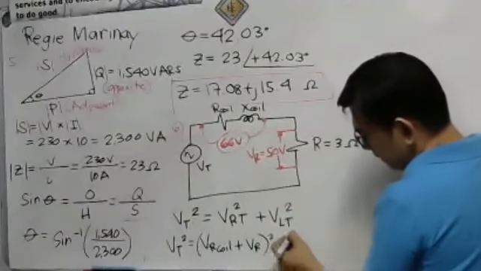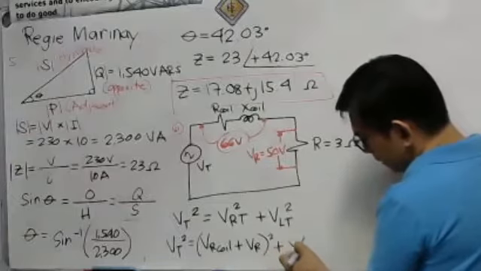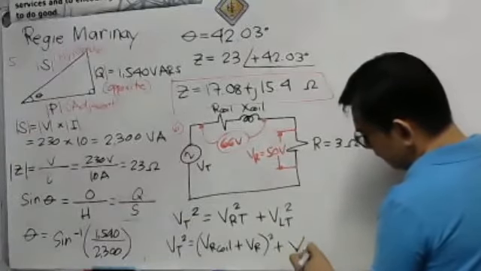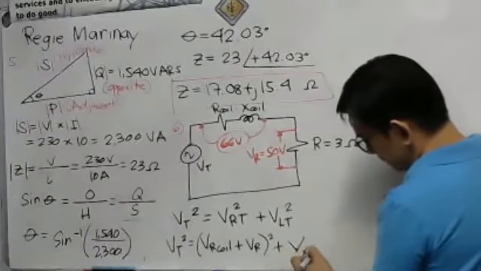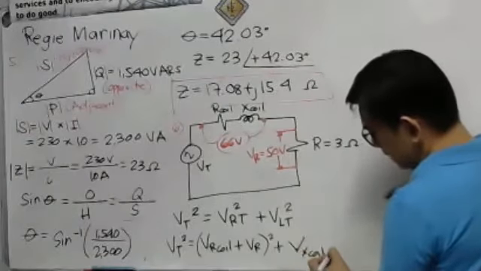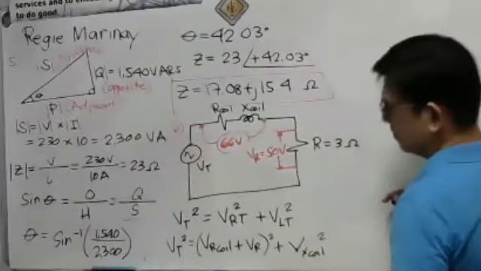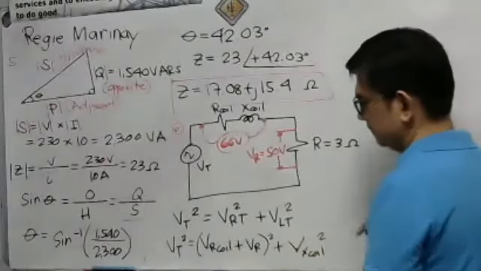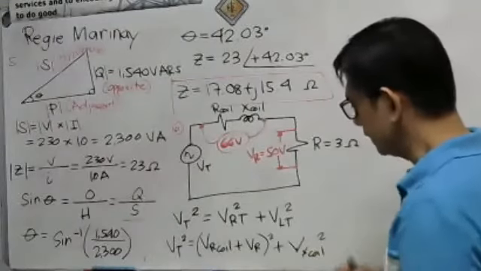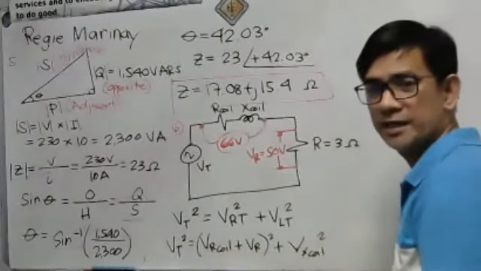What do I mean? This is just the voltage at X of the coil. Then we have to square it. This will be our working formula.